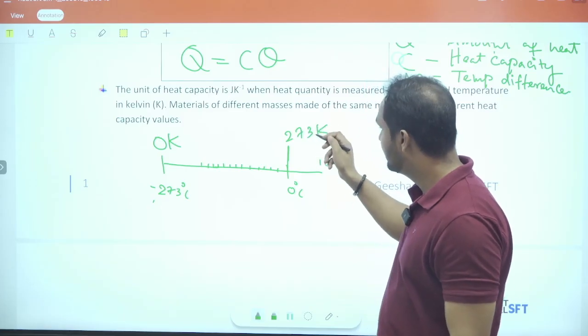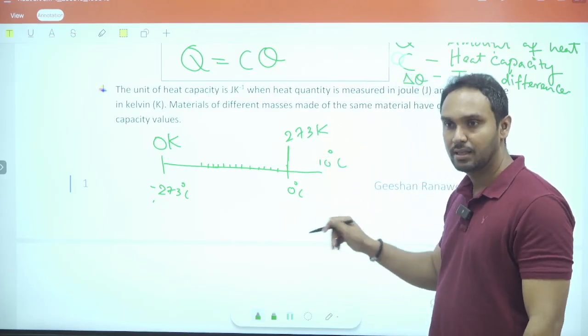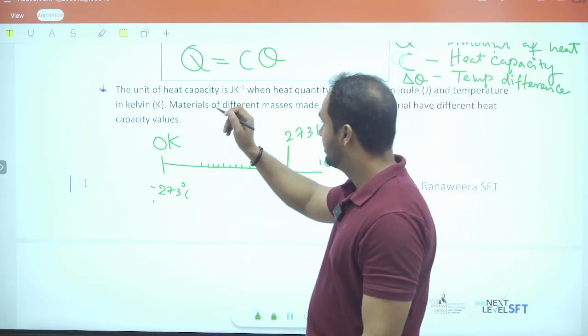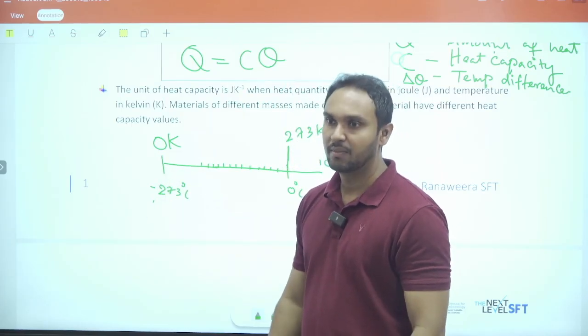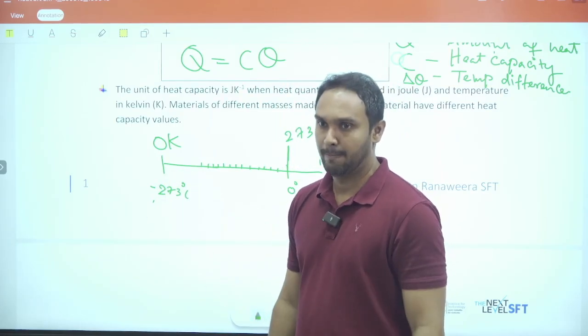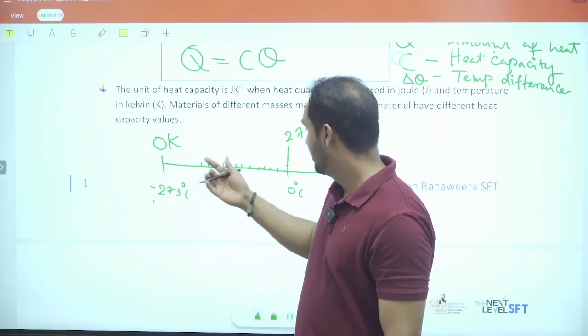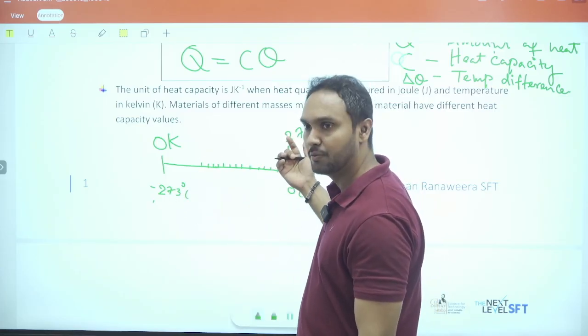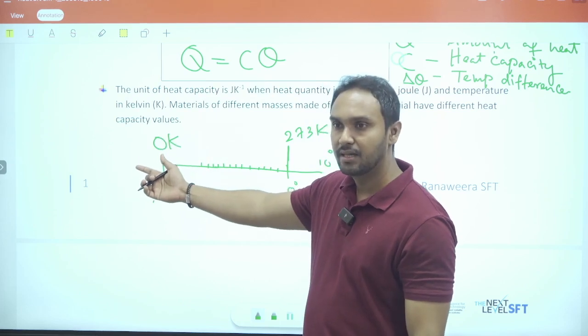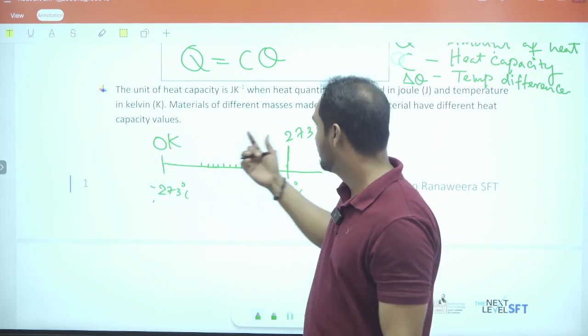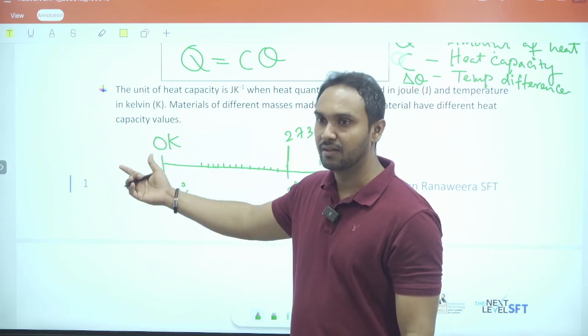So 273 Kelvin is 0 Celsius, and 0 Kelvin is minus 273 Celsius. But if we take the difference of 273 Kelvin and 0 Kelvin, what is the difference there?